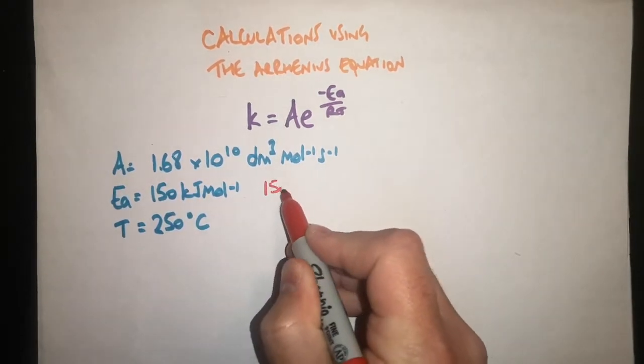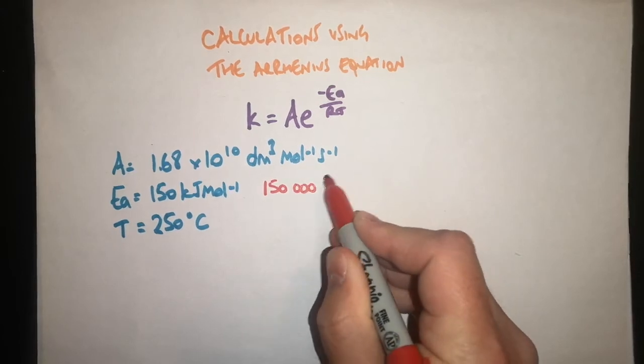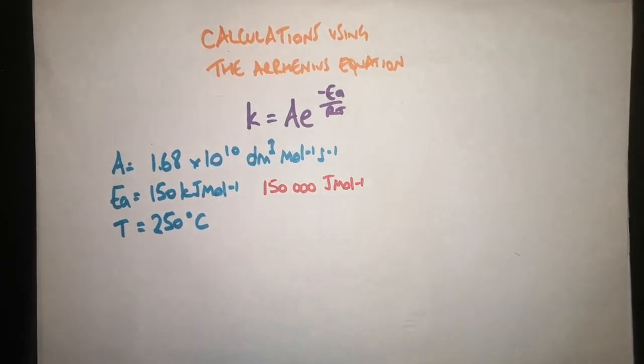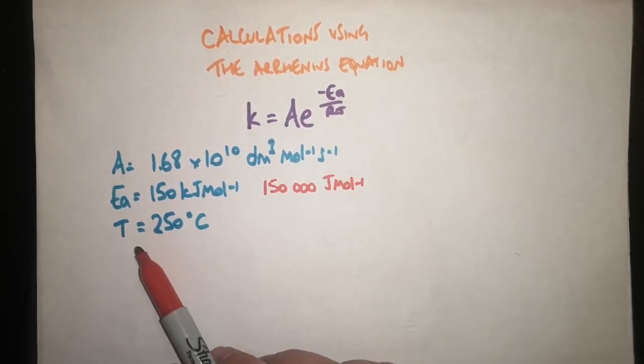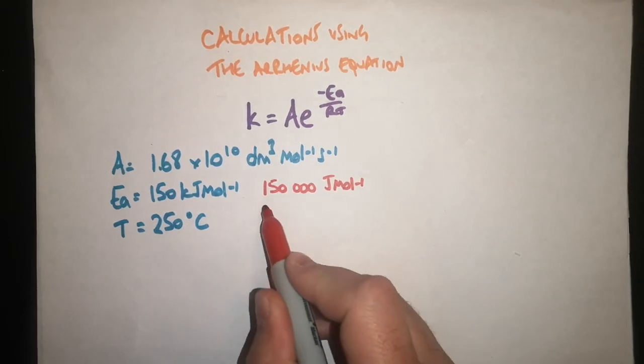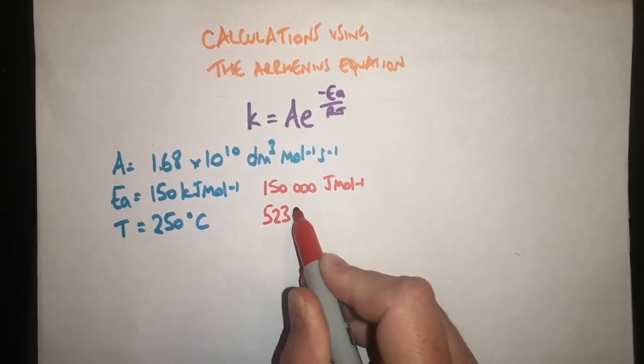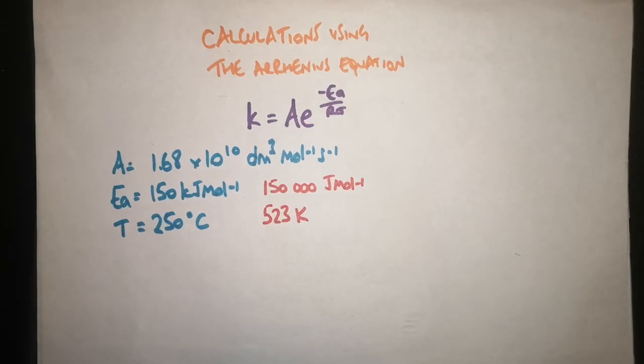So that's 150,000 joules per mole. Temperature, again, because we're using the gas constant, needs to be in Kelvin. So 250 degrees C becomes 523 Kelvin. Remember, we add 273 to turn from Celsius to Kelvin.